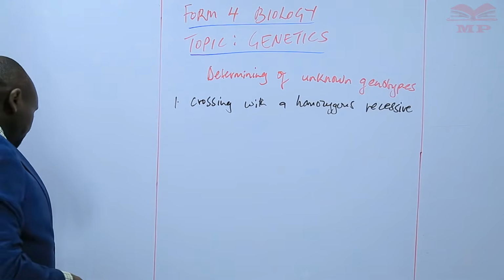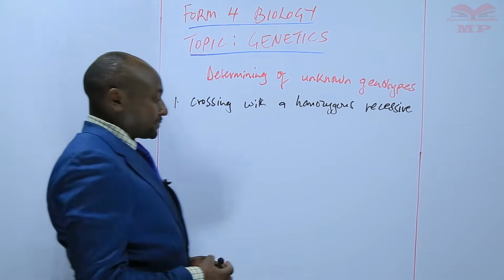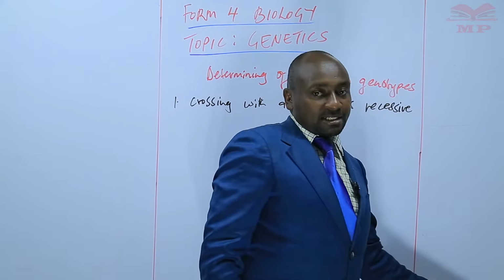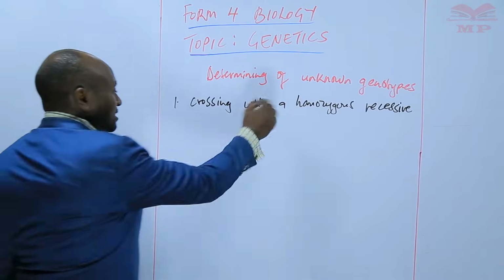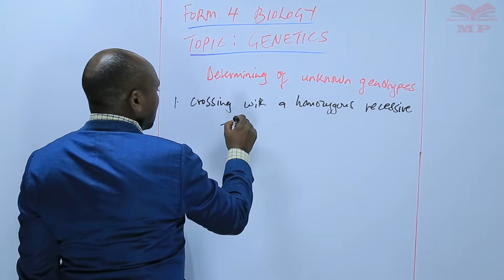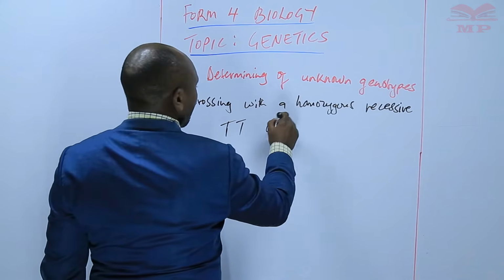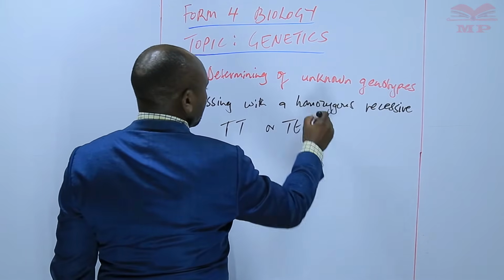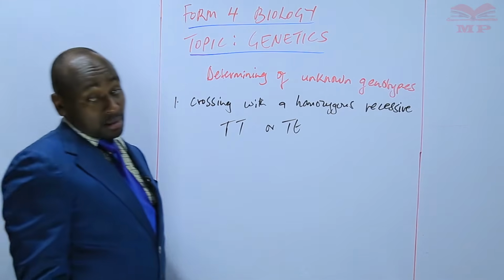For example, I may have a tall plant, but I don't know whether that tallness is as a result of the genotype capital T, capital T, or capital T, small t, because in both cases they are tall.